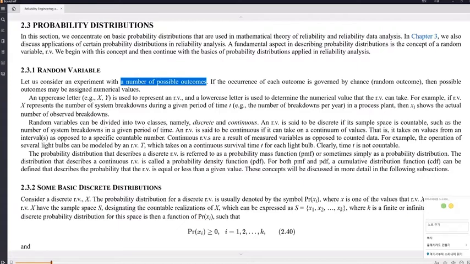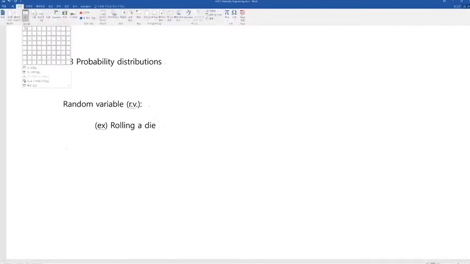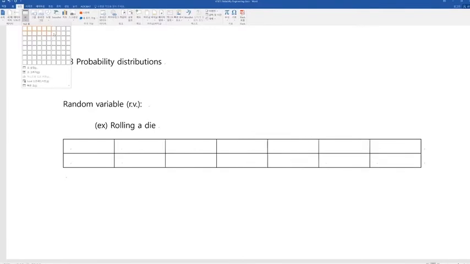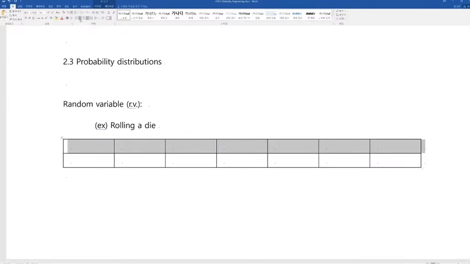But in the case of a random variable, it may have many different outcomes. One example is when you roll a die, you may have 6 different outcomes.